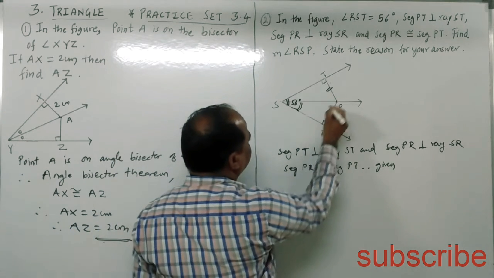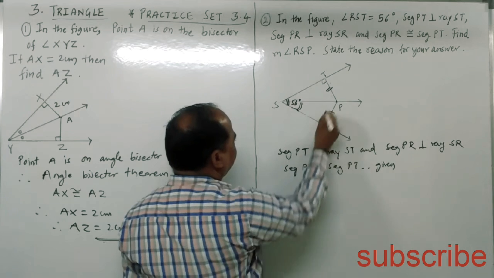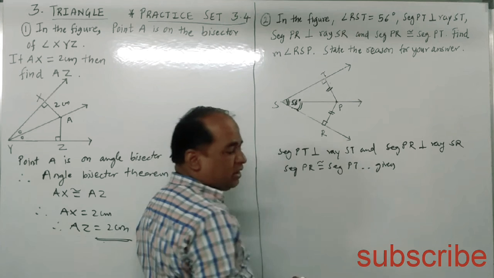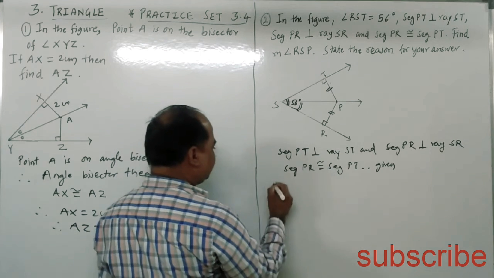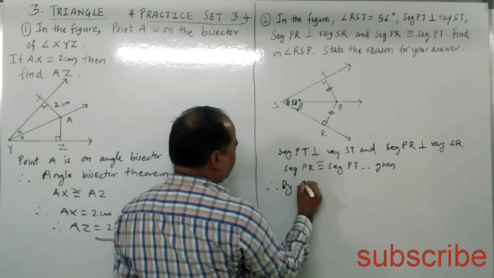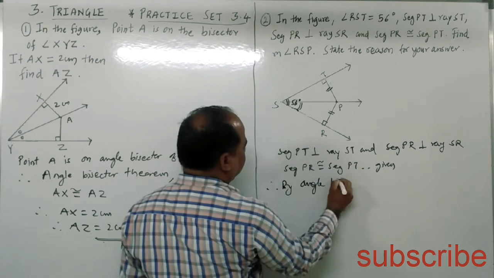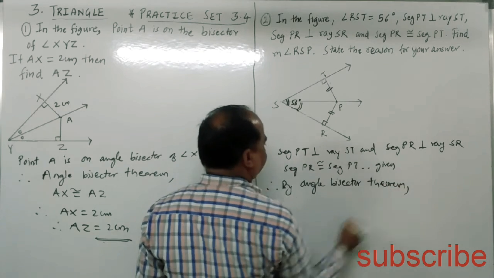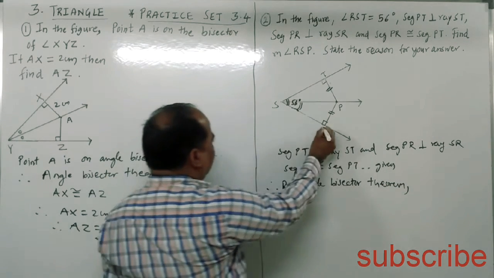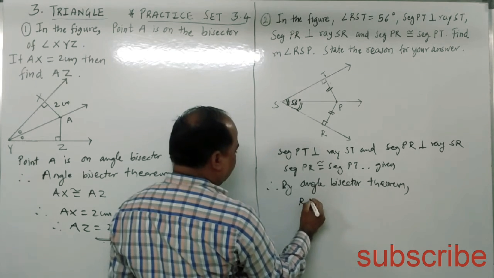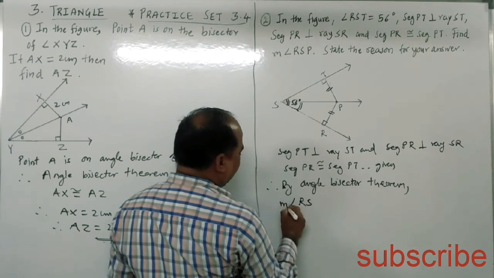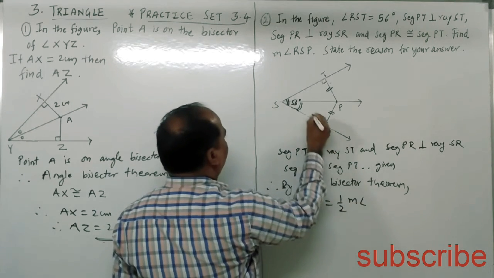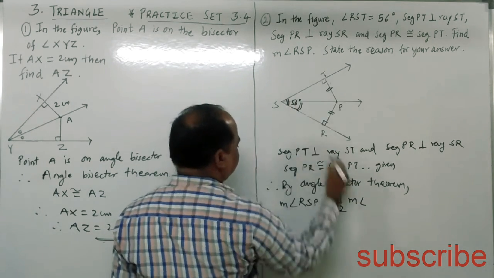Now this point lies here. It is equidistant from these two sides. So by angle bisector theorem, the measure of angle RSP is half the measure of angle RST.